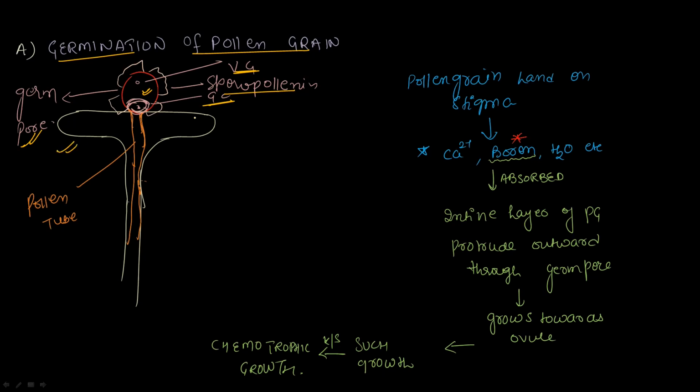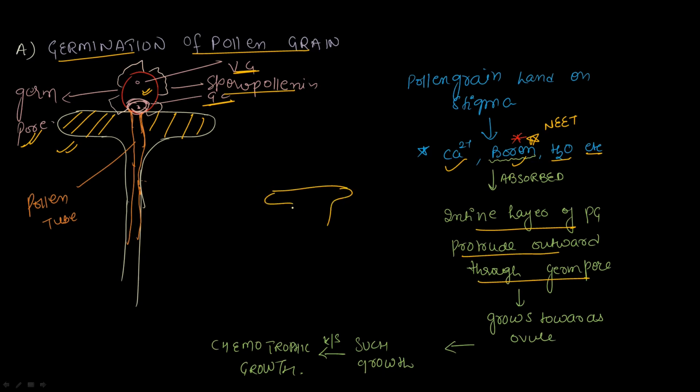When this pollen grain lands on the stigma, so this whole surface is your stigma, right? When the pollen grain lands on the stigma, what happens? Calcium, boron, which is extremely important, water, etc., are absorbed by the pollen grain, and then the entire inner layer of the pollen grain protrudes outward through the germ pore.